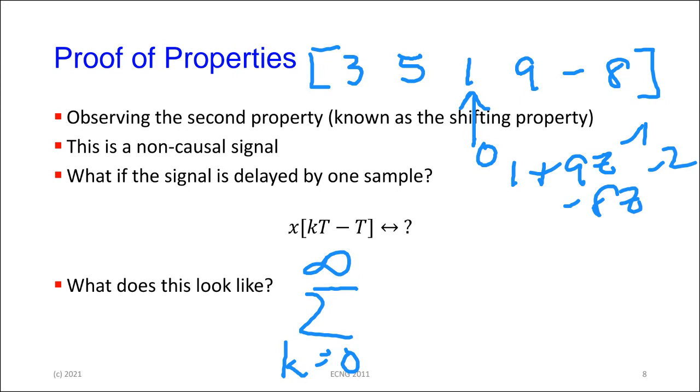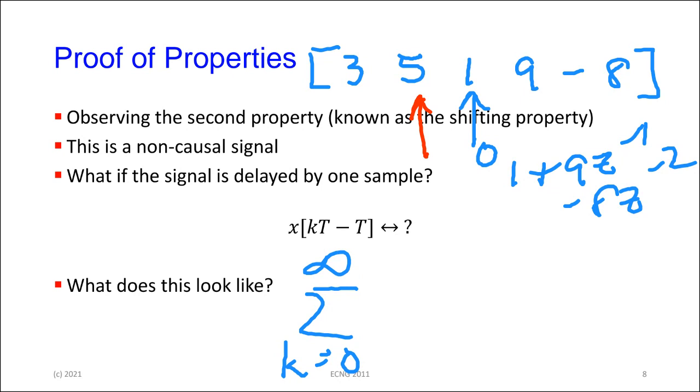If I delay this by 1, then time 0 has moved to here.